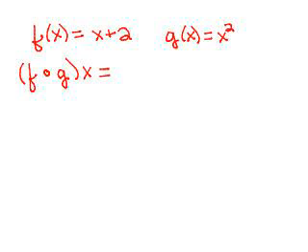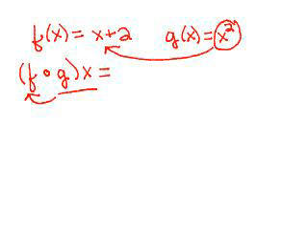So what we're doing is we're substituting in the second function, the g of x, the whole function, in place of the x in this function. Okay? So our g of x is x squared, and we plug in that x squared into the x, or all of the x's, whatever the case is, in the first function.